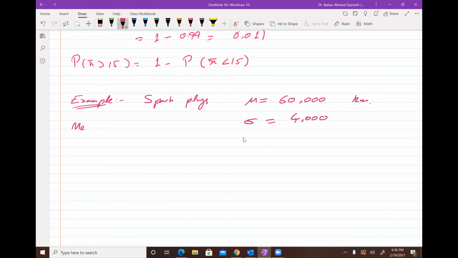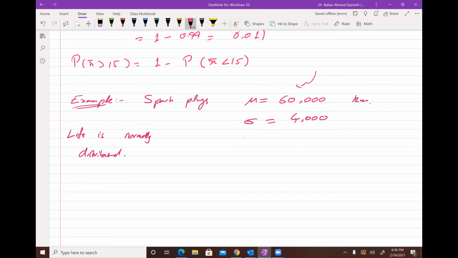Their life is normally distributed. This is what they tell you, that the mean life of our plugs is 60,000, the lives are normally distributed, and the standard deviation is 4,000. You want to check their claim, that is, is it really true?